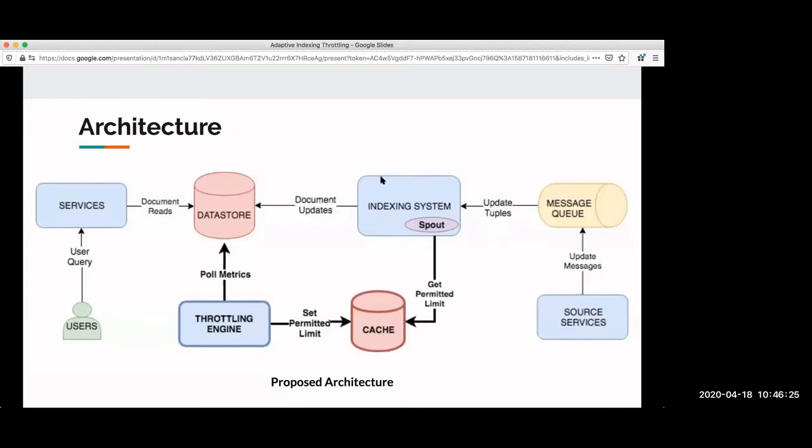Now our indexing system had a spout. The spout is just the component interfacing with the Kafka queue. So the spout read that value and emitted the updates to the indexing system at that rate. So this is the architecture we are proposing.